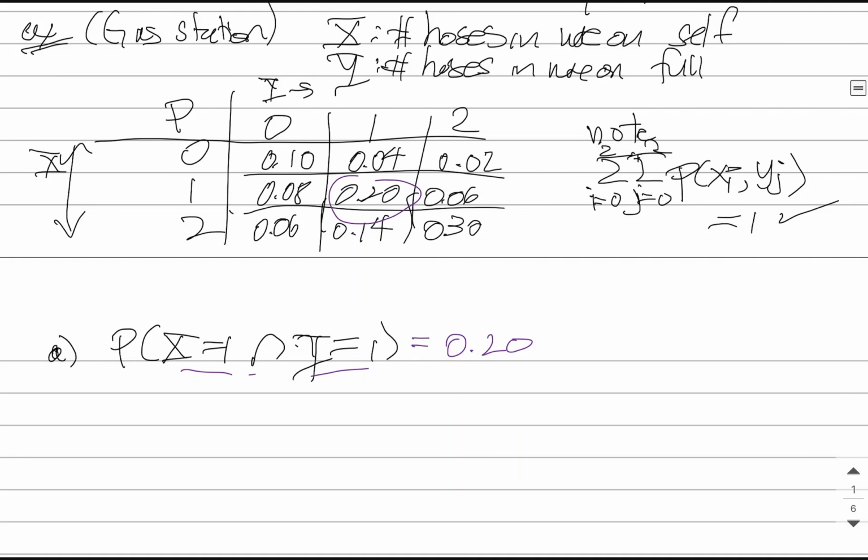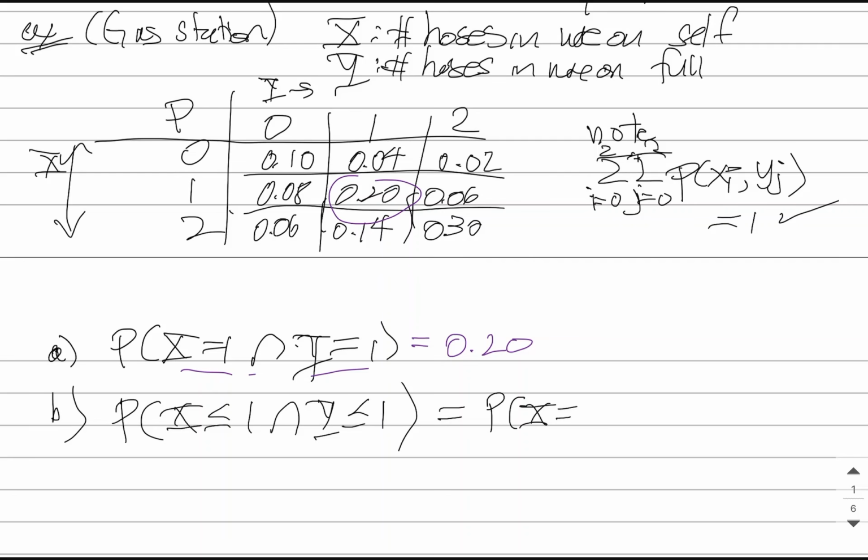We can get a little bit more involved with how the questions are asked. So for example, we could say, what's the probability that y is less than or equal to 1 as well as x? This needs to be translated into something that you can extract from the mass function. So this would consist of all entries where the x is less than or equal to 1 and the y is less than or equal to 1.